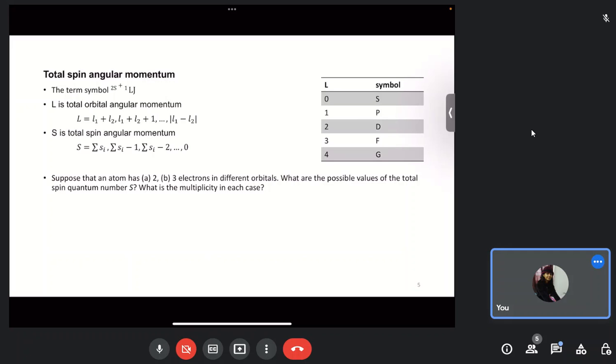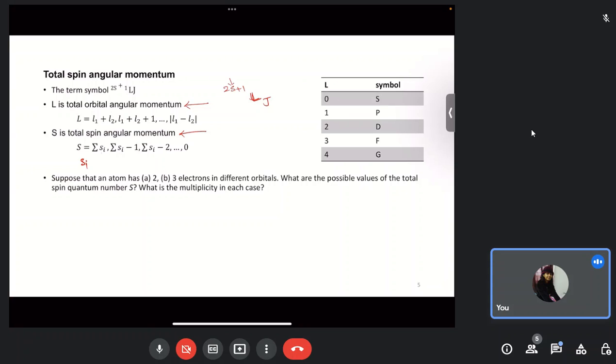Okay, the next term. We have found how to calculate total orbital angular momentum, and now we will see how we calculate the spin angular momentum, which is also there in the term symbol, in the superscript 2S plus 1, L, J. S is the total spin angular momentum, and it can be calculated by taking the summation of Si, where Si is the spin angular momentum of individual electrons.